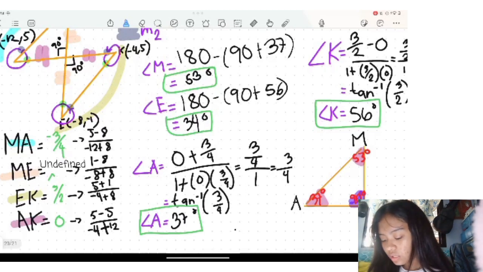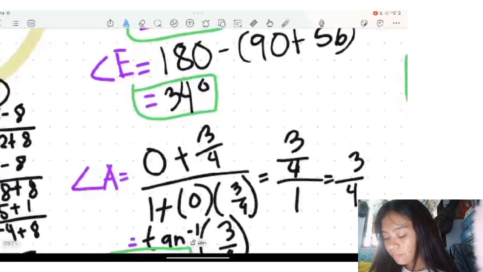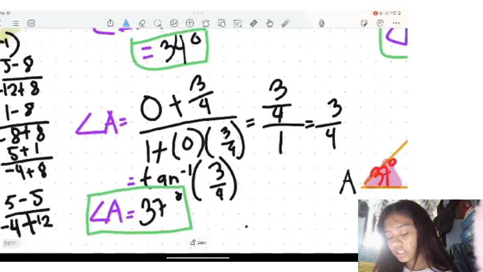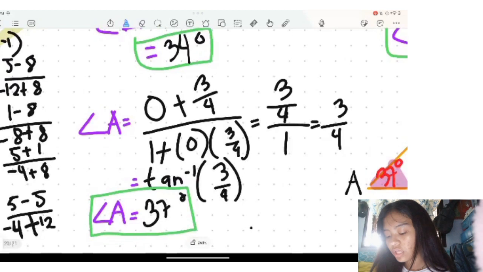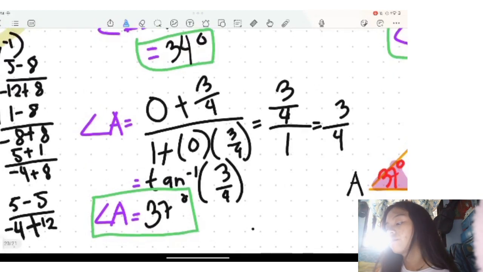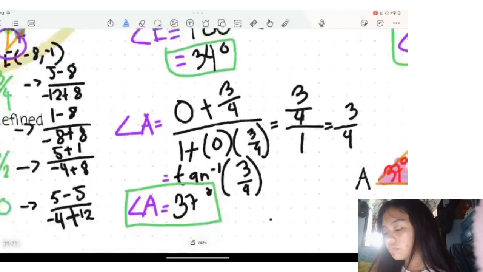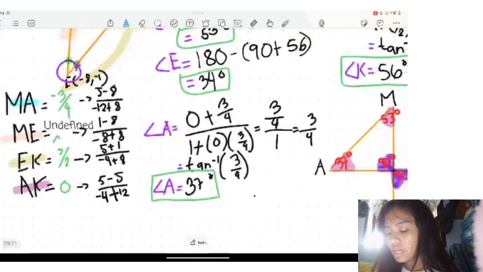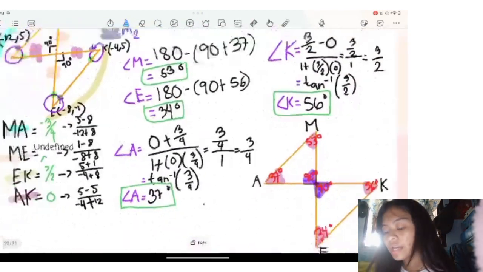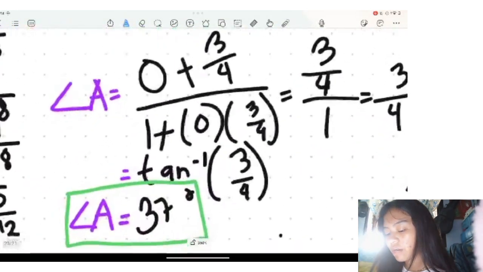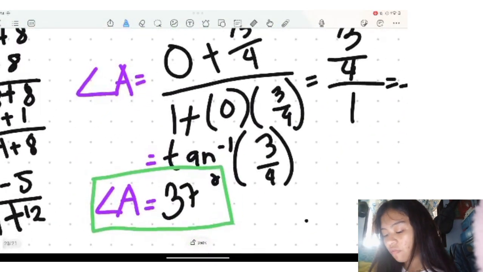So, distribute the given 0 plus 3/4 over 1 plus 0 quantity 3/4. Ang sagot ay 3/4 over 1. And ang sagot niya, pinaka is 3/4. Tapos, ang silbi ng tan theta is ita-transpose mo yung tan sa kabila para maging arc tan 3/4.